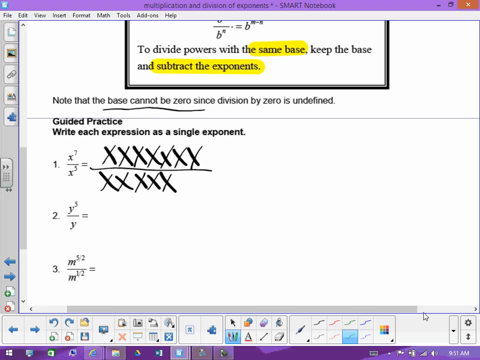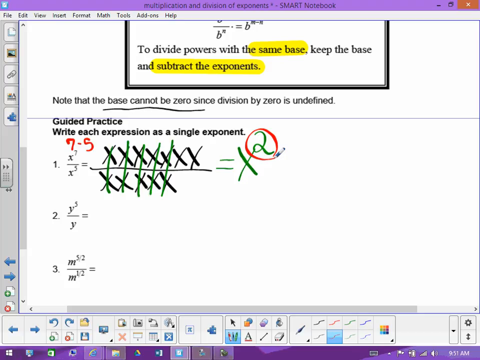So, if I have 7 on top, 5 on bottom, I'm left with 2 of them, and it's on the top, so I can write it as x squared, or just x squared. You can write it over 1, but it doesn't matter there. The rule says that I can subtract 7 minus 5 and go straight to 2. It doesn't have to be a fraction. On the bottom it does, not on top.